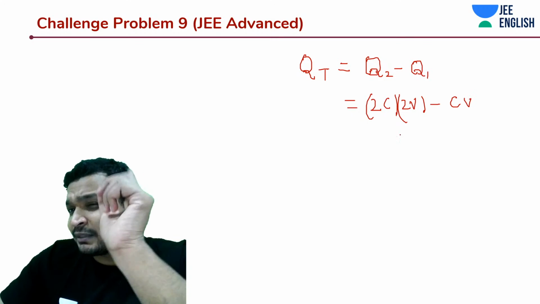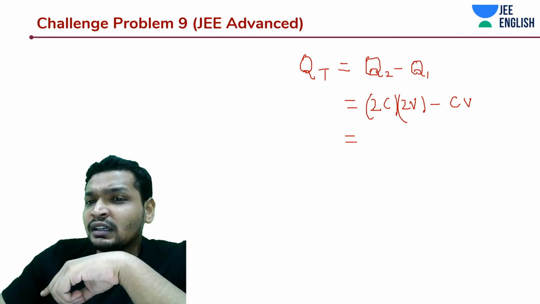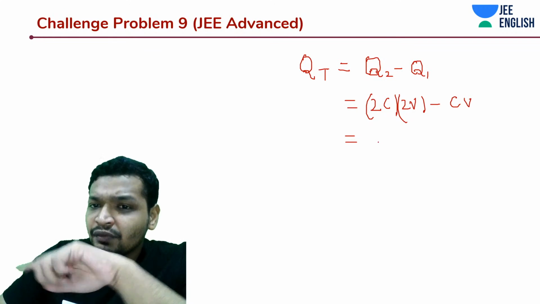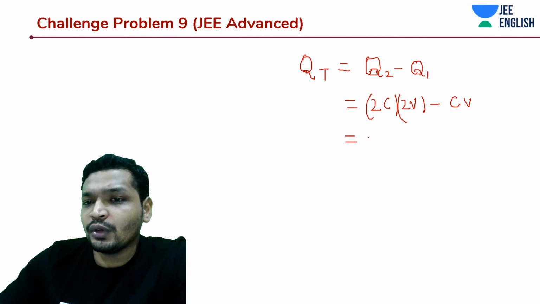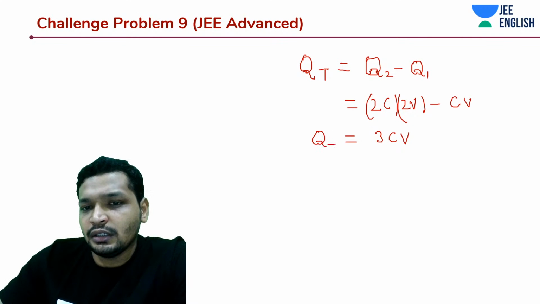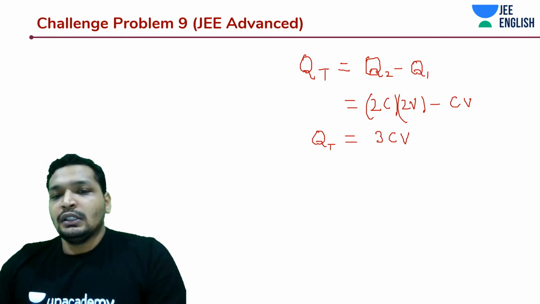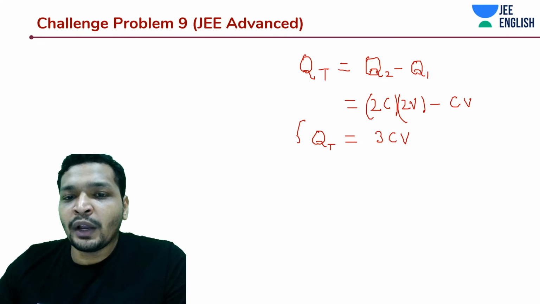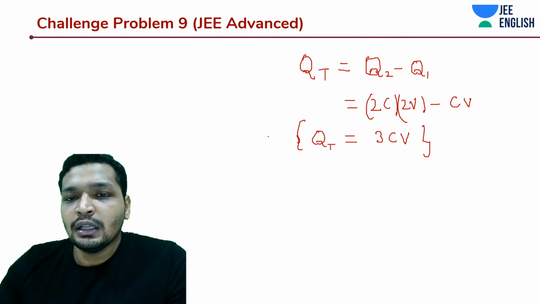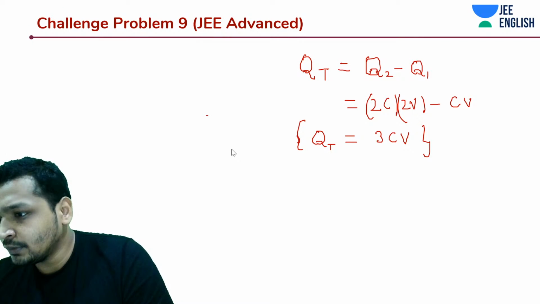We did a very similar problem, didn't we? Do you remember, when they are connected with opposite terminals, what happened? We did the same thing. So how much is Q total now? 3CV. That is it. This is because the negative terminal is connected to the positive terminal.